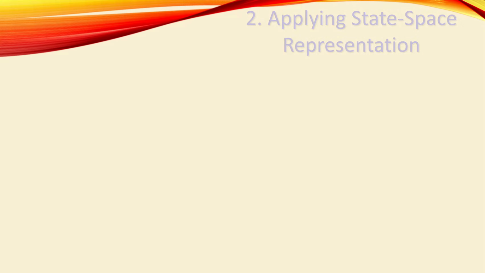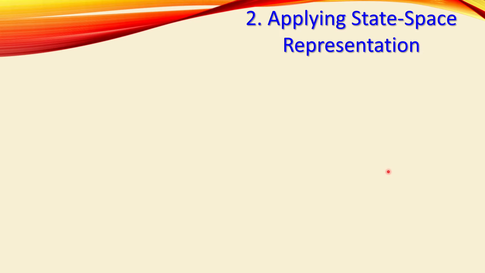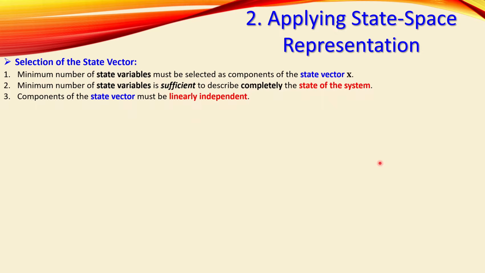Okay, let's now look at applying the state space representation, because we have several things to do before we can do that. First, the selection of the state vector. A minimum number of state variables must be selected as components of the state vector x. So you need to first determine how many state variables you need, the minimum number, and those are the components of our state vector.